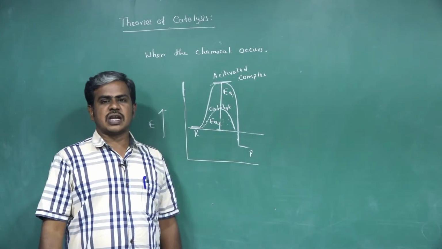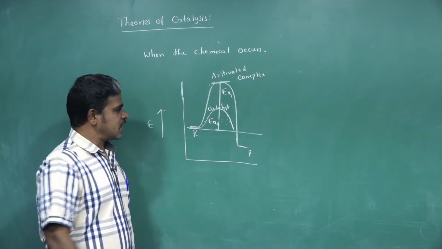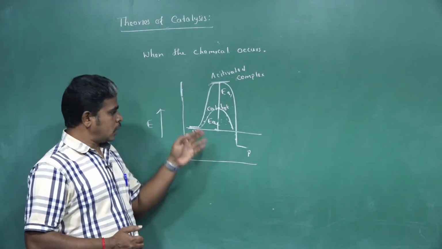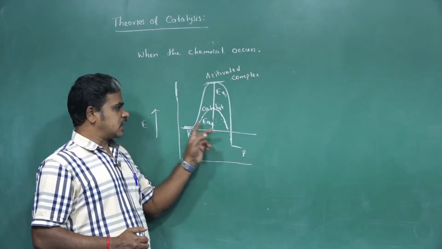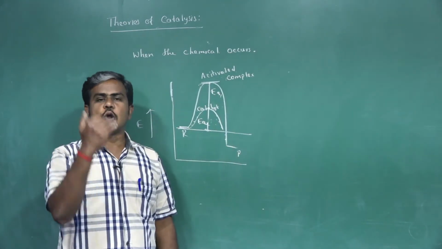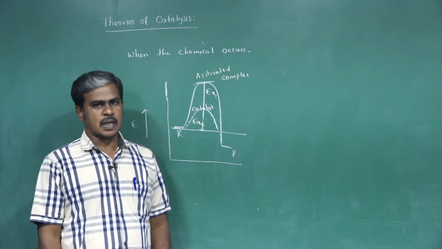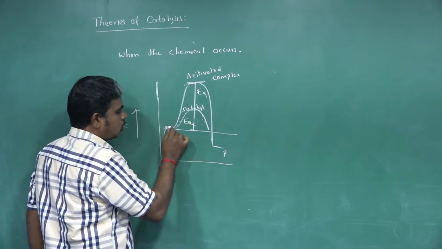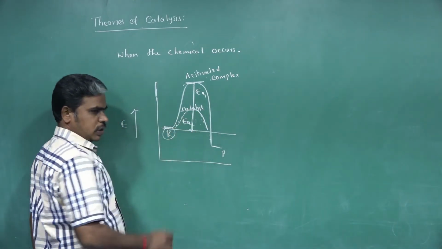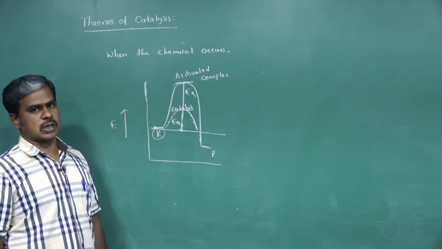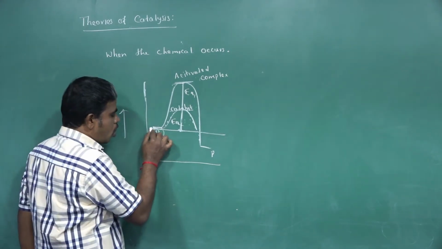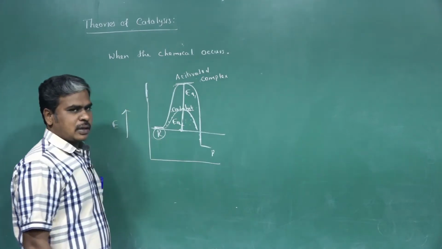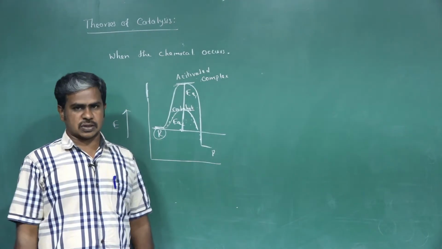So the activation energy decreases in the presence of a catalyst, and the reactant molecule is converted into product by a new path with lower activation energy. Then more reactant molecules cross the energy barrier and are converted into product.